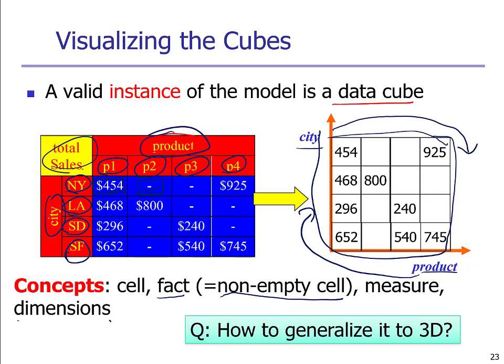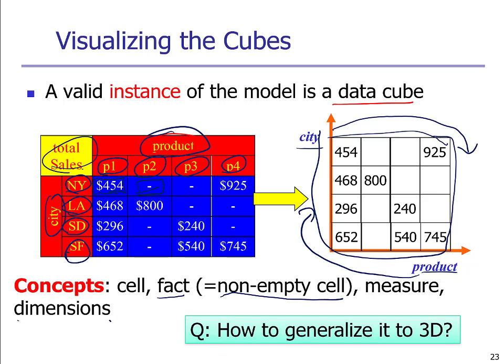All right. Now the question is, how do we generalize it to 3D? For example, we want to have another dimension called time. Of course, we can still do it in a 2D table or cube.